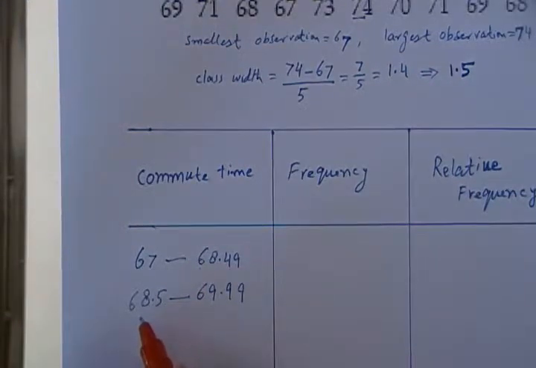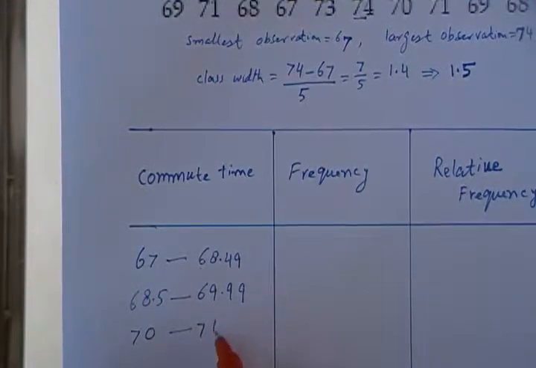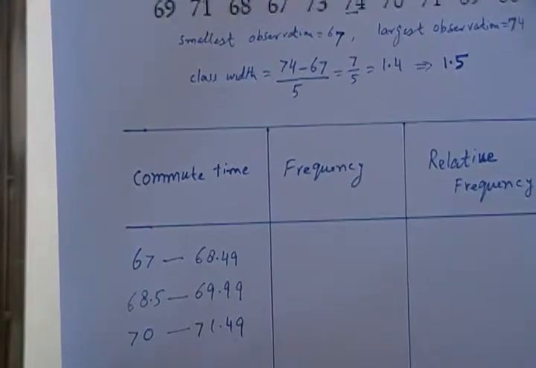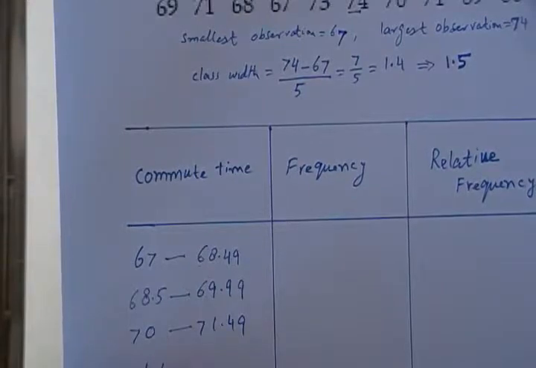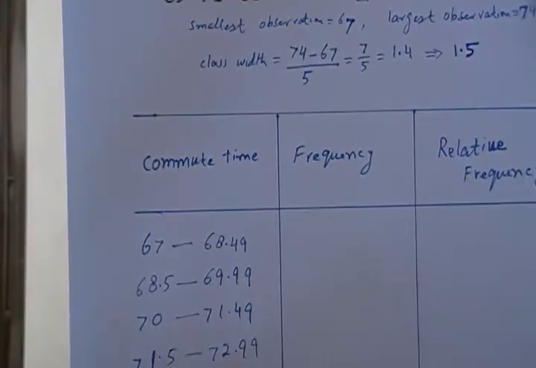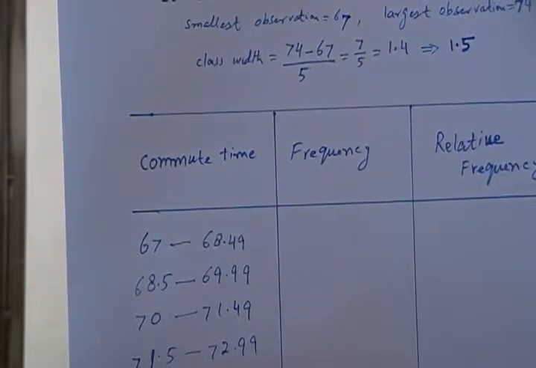So adding this class width to the lower limit of this one, 68.5 plus 1.5 is 70. So then 71.49, and then adding the class width, that is 71.5, and then it would be 72.99, and then 73 to 74.49.